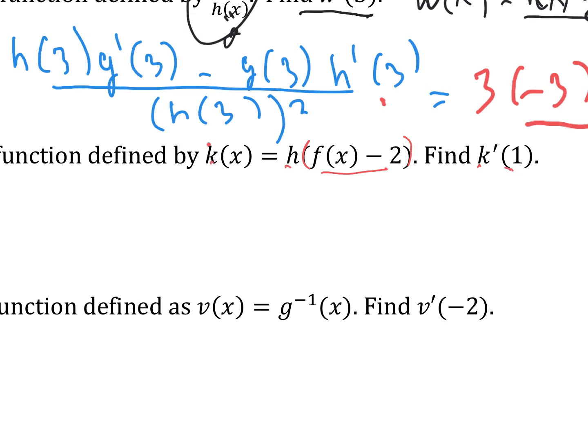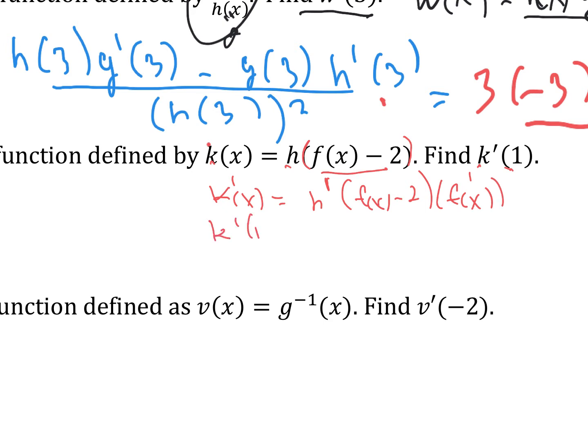So if k is all of this, then k prime must be equal to h prime of f of x minus 2, chain rule, times the derivative of the inside, f prime of x, and the derivative of negative 2 is 0.